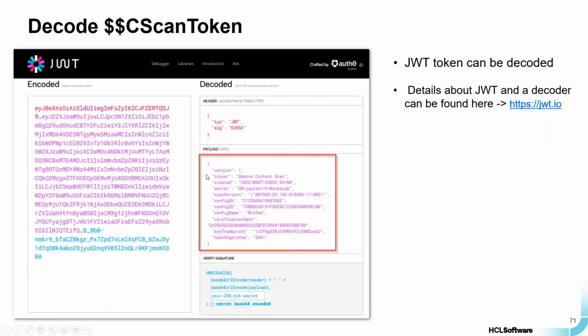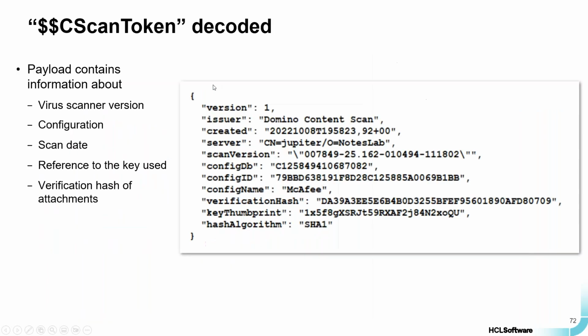And you see the issuer, when it was created, on which servers, which scanner version, which scan database, which unique ID of the scan document, the configuration name, and the verification hash with all the details. And that's how it looks like.